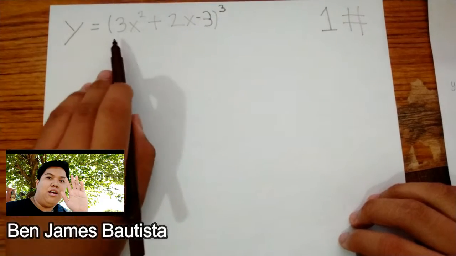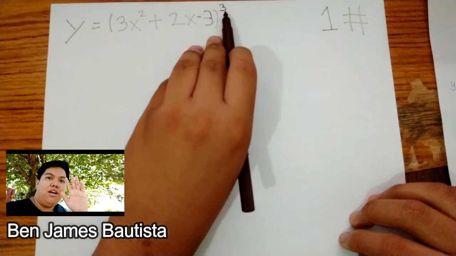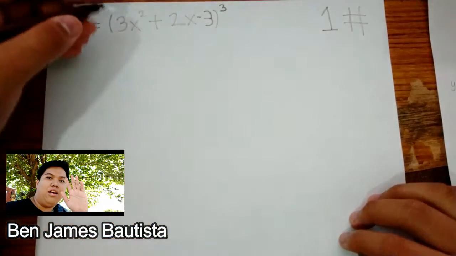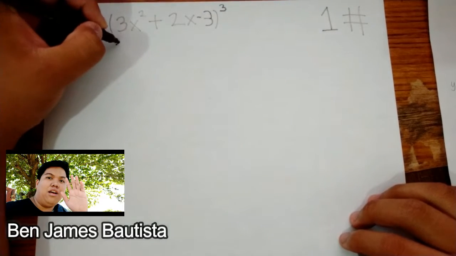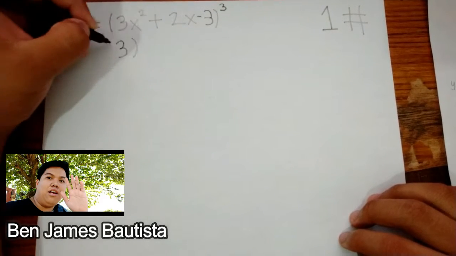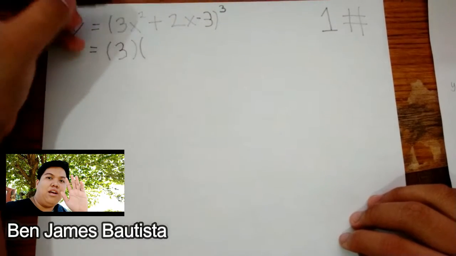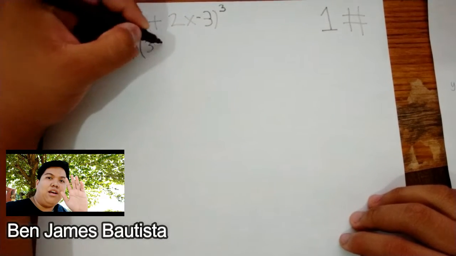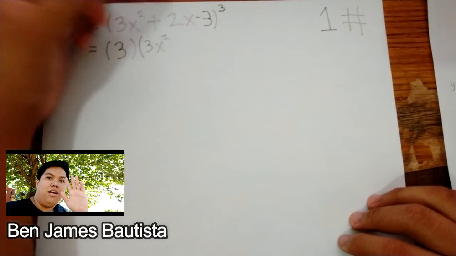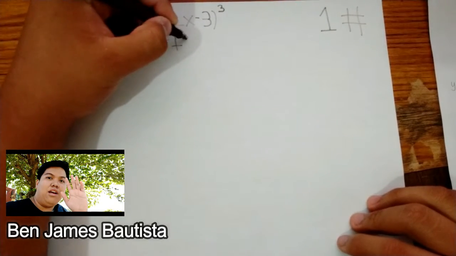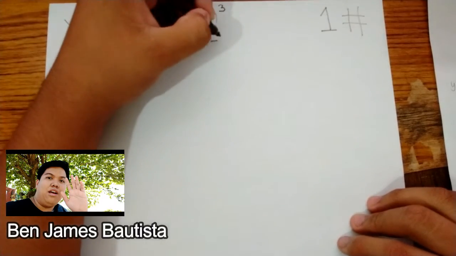The rule here is to get the degree of this problem and put it right here. Second step is we're going to copy what's inside the parentheses: 3x squared plus 2x minus 3.